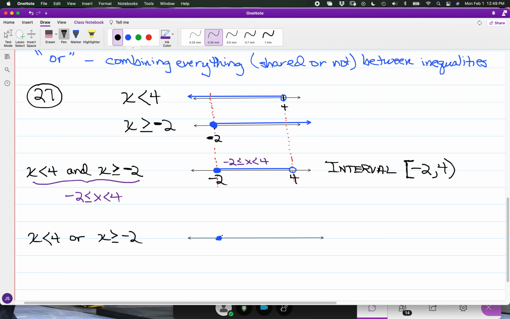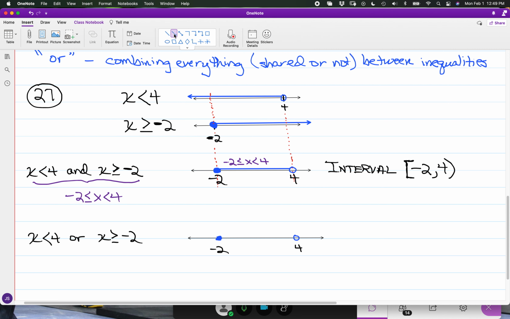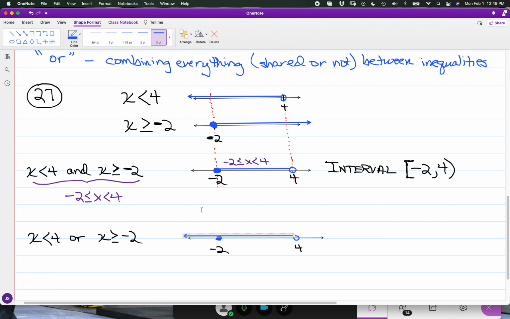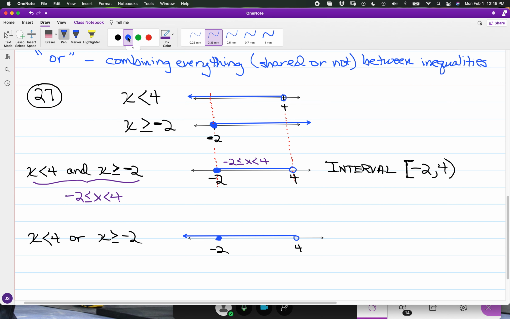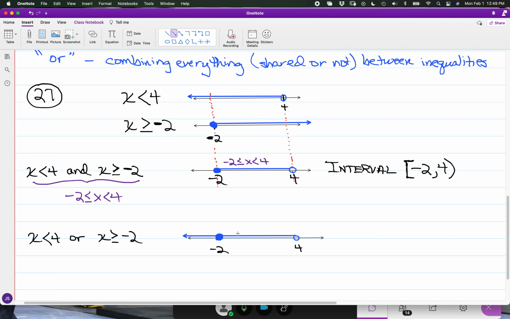So again, we had negative 2 and 4. When we started out with values of x less than 4, we were going this way, and then joining with those values of x greater than or equal to negative 2, we started here and went to the right.